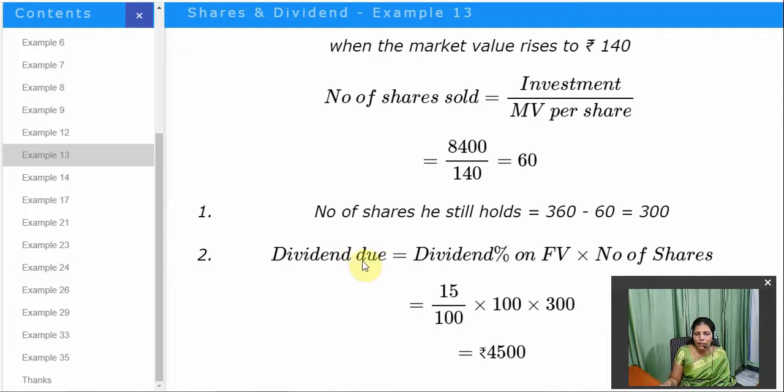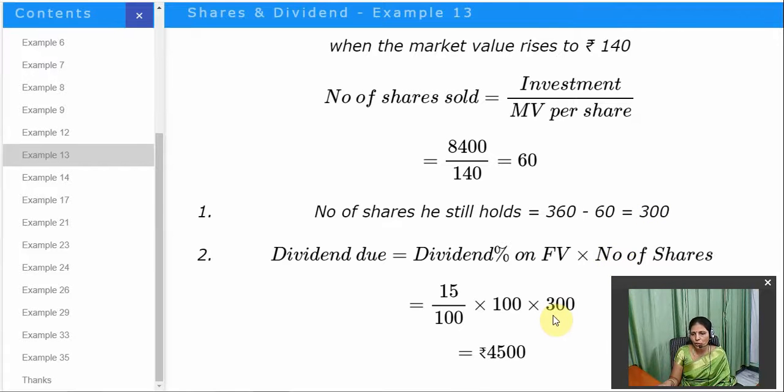So dividend due is equal to dividend percentage on face value into number of shares. The dividend percentage is already given as 15%, face value is 100, and the number of shares he still holds is 300, which we found.